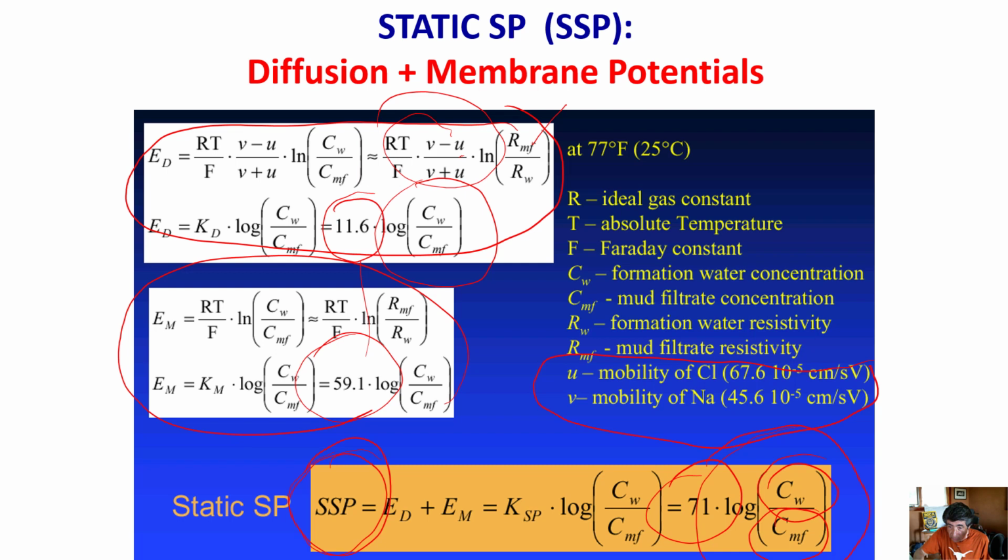And once we solve the CW, we can convert the CW into RW, and that's how we estimate RW. That's the process that we are about to show in more detail.